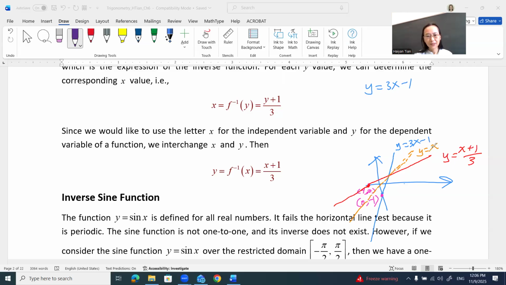Right, so that is a visualization of an invertible function. This is a very special case. The original function is a straight line, so its inverse is very quickly found as another straight line, symmetric with the original function with respect to y equals x.